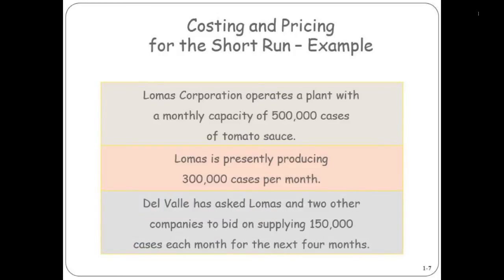Del Valle has asked you and 2 other companies to bid on supplying 150,000 cases for the next 4 months. You have the capacity, right? That's not an issue. So the question is, what price should you commit to in that bid?